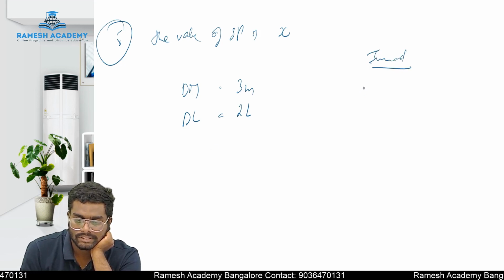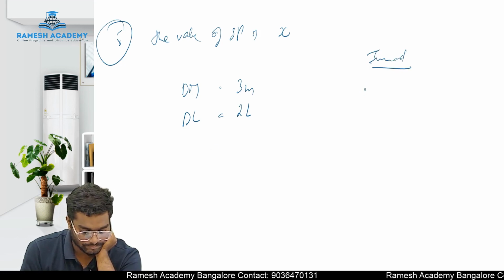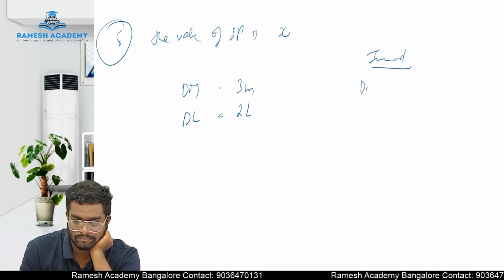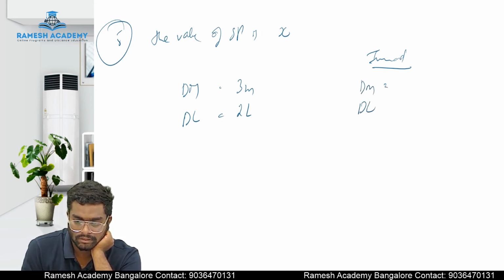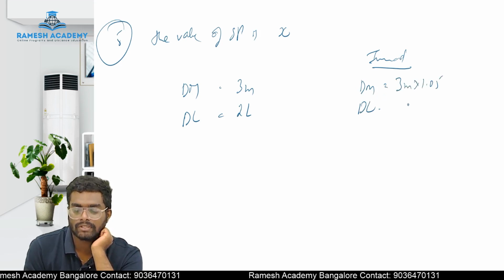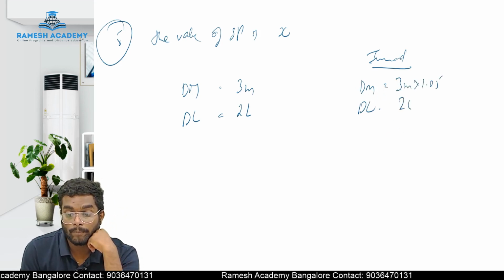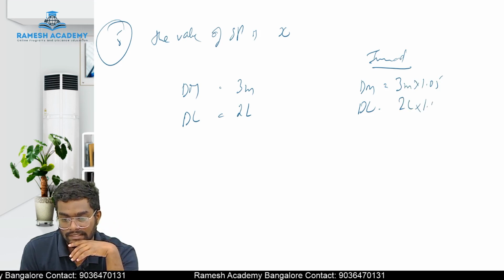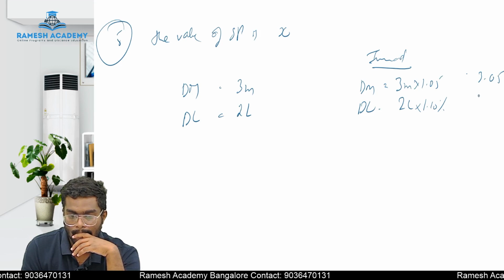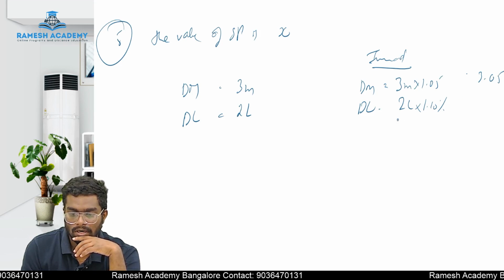So DM is increased by 1.05, that is 5%. So DM is 3M into 1.05 because it is increased by 5%, and here it is increased by 10%, so 2 into 1.1, 2.2.